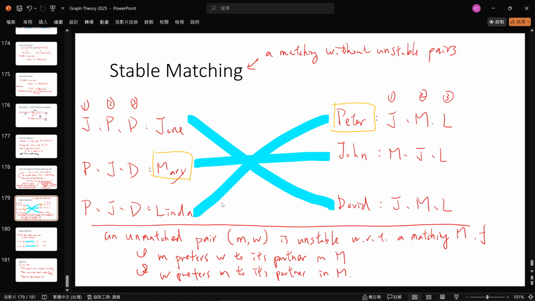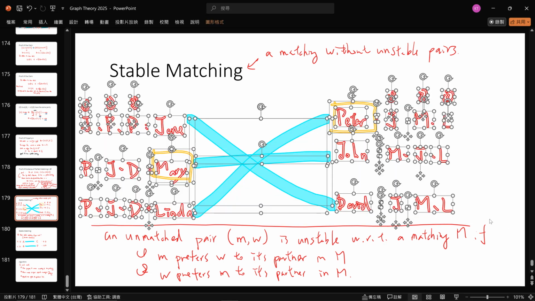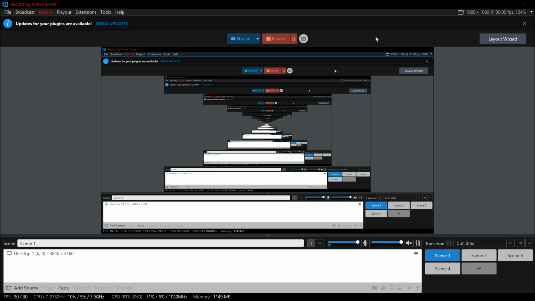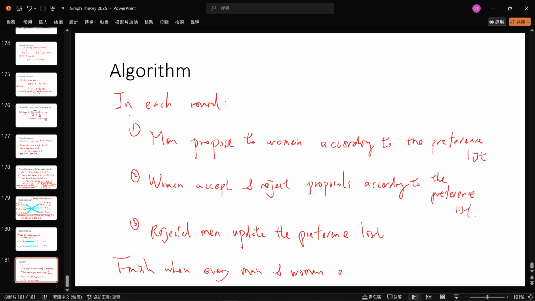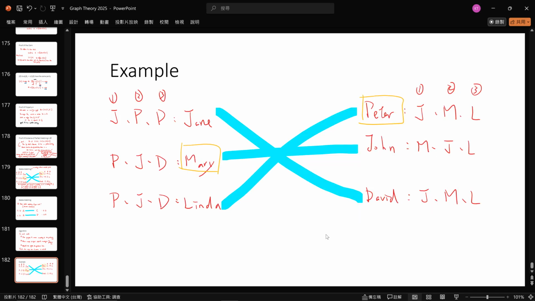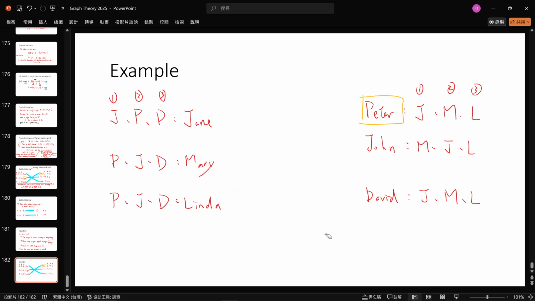Okay, so the algorithm obviously finishes when every man and woman is matched.